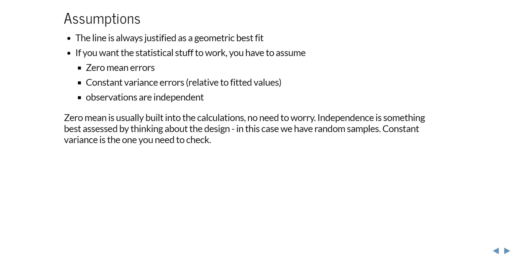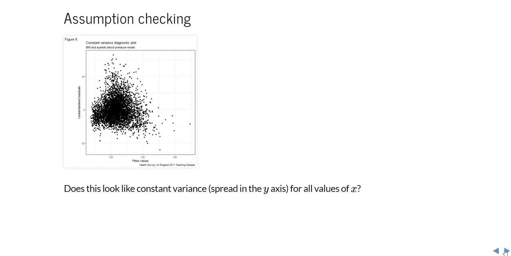We do have random samples here, so that's great. The observations are independent. And again, usually in science, you can decide whether the observations are independent or not by the way you design the experiment. So the only thing we need to check routinely is whether the variance was constant, and that's best illustrated by a plot.